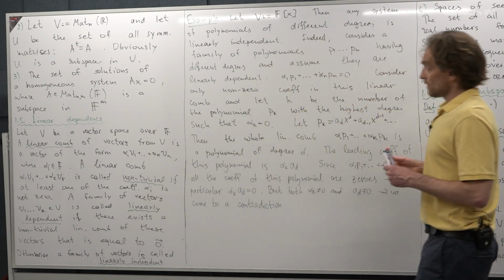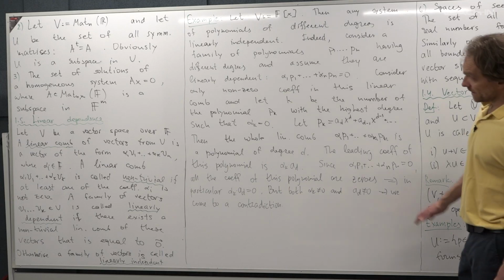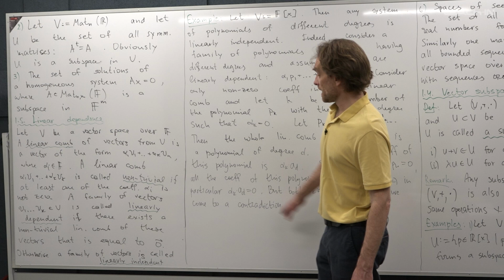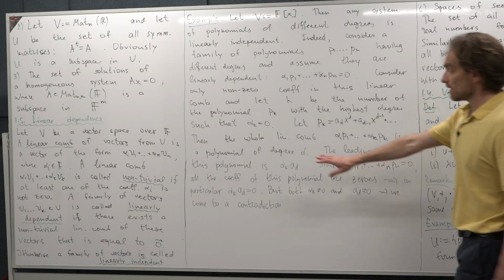Note that here we use the properties of a field. When we considered fields, we discussed that in any field there can be no zero divisors. We use this property here, just because in a ring this would not have been true: in a ring there could be zero divisors, but in a field there are none.